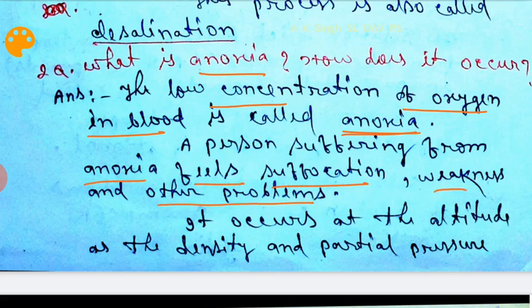Hence a climber takes oxygen when moving from plain area to the Himalaya or other heights. It occurs at altitude as the density and partial pressure of the air is decreased.